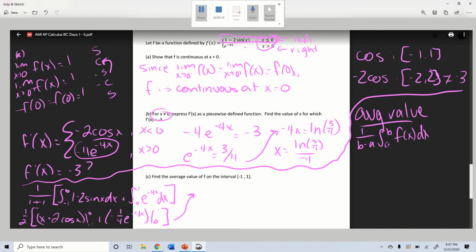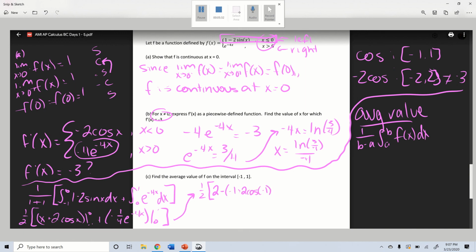Okay, so remember whenever we do these integrals, you plug in the top first and the bottom second. So first we plug in 0, that gives us 0, and then cosine of 0 is 1, so that's going to give us 2. Minus, then we plug in negative 1, and then 2 cosine of negative 1.